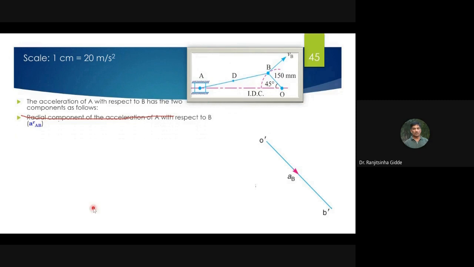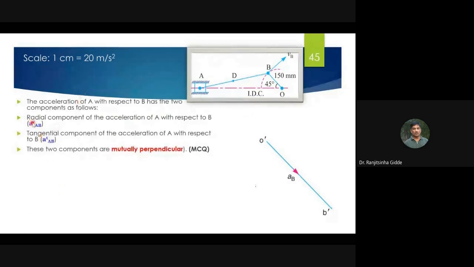So the radial component of acceleration of A with respect to B, that is ARAB. We already got this value. Then the tangential component of acceleration of A with respect to B, that we need to draw. So this ARAB, whatever value we have calculated, what is that value?